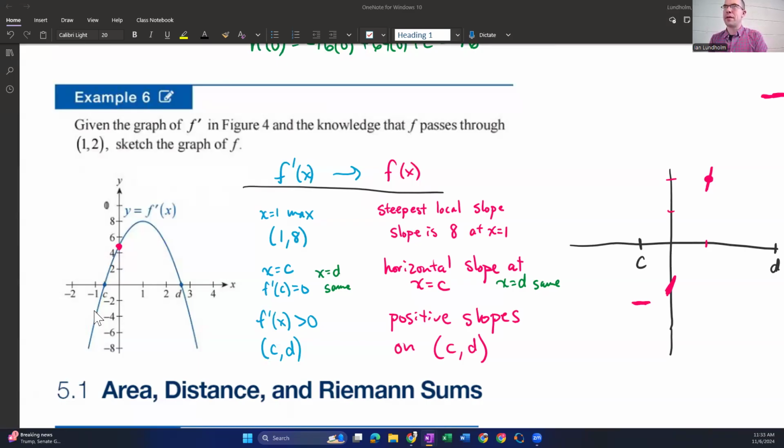Let's make that a little bit better. But yeah, if we went all the way over to -1 here, the y value is almost -4. So expecting a slope of -4 over here wouldn't be impossible.